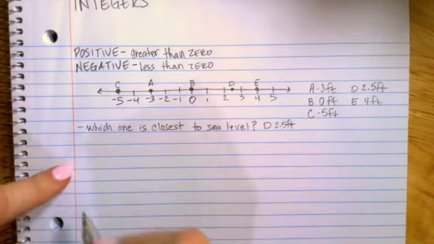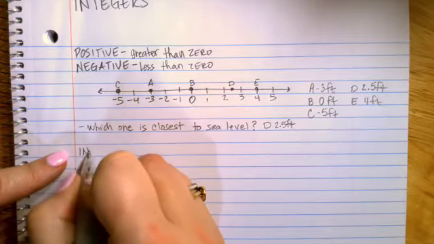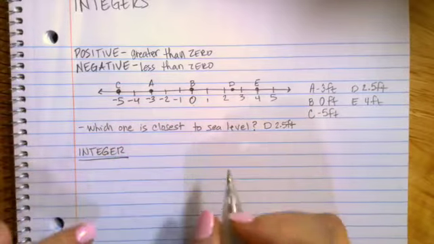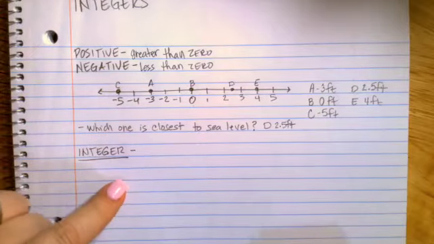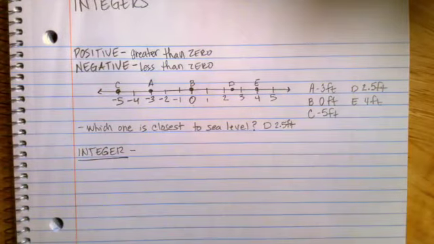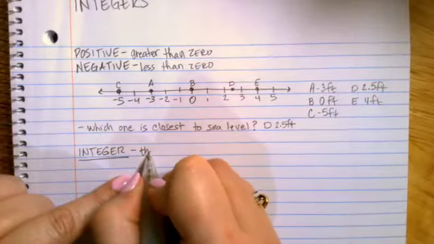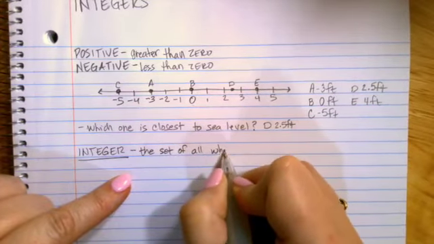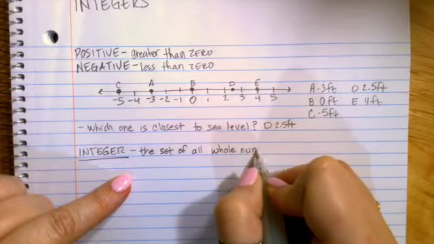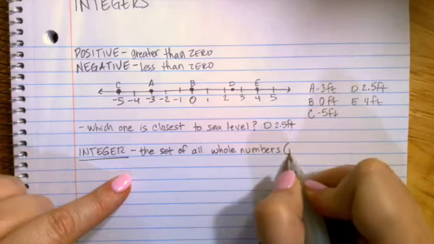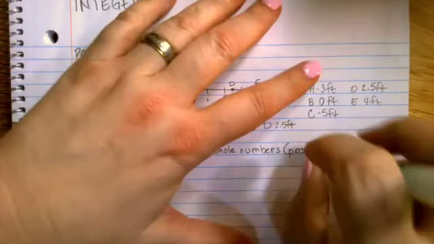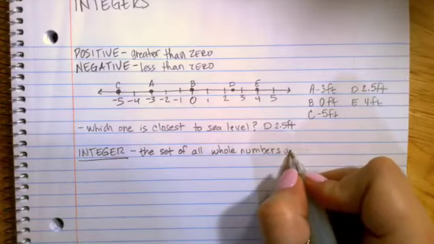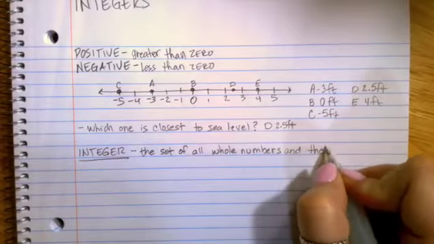All right, so the next term that we want to talk about is integer. What is the definition of an integer? An integer, or integers, is the set of all whole numbers and their opposites.